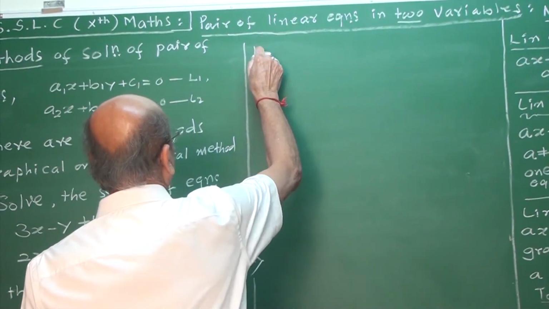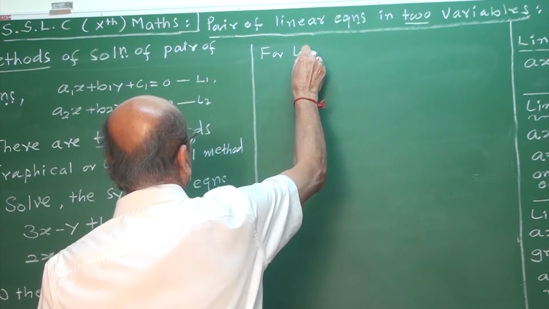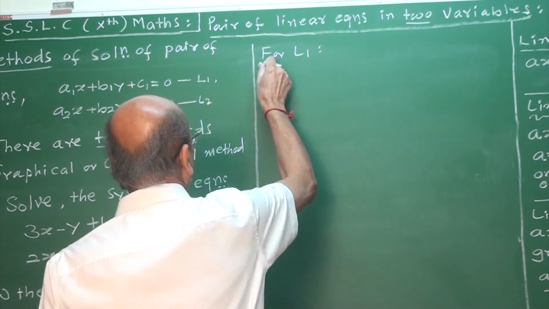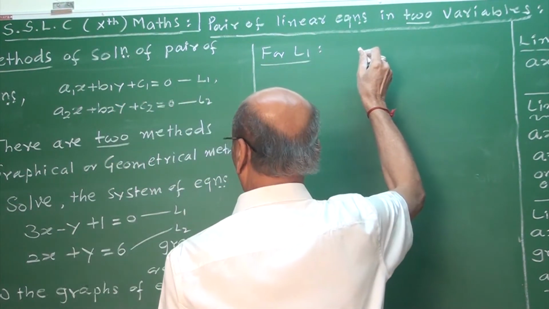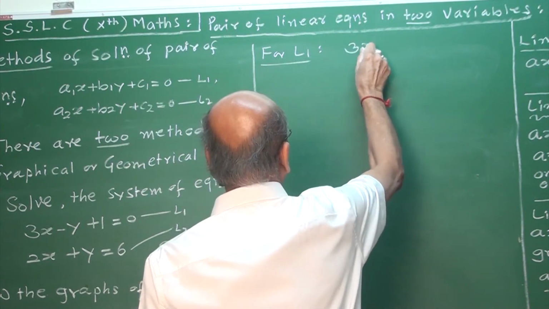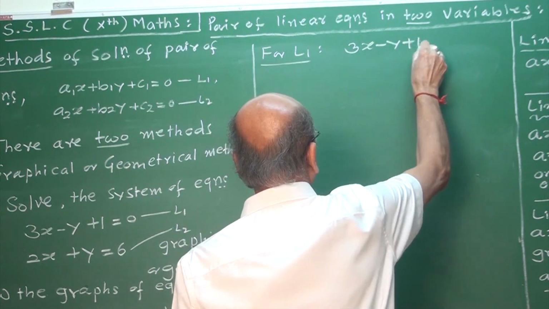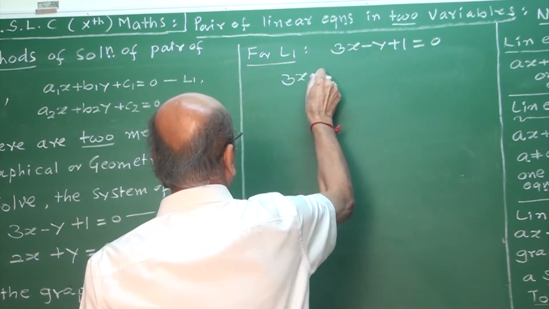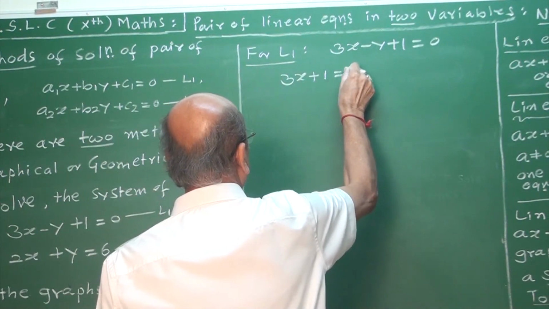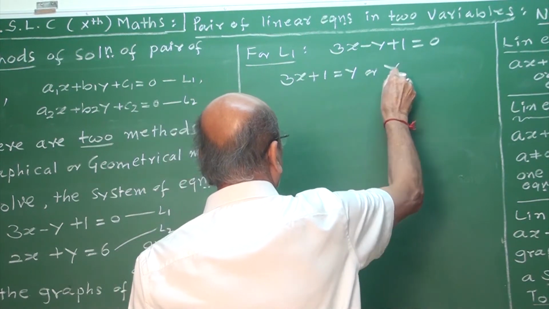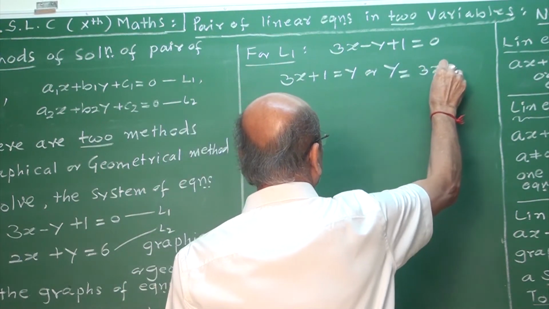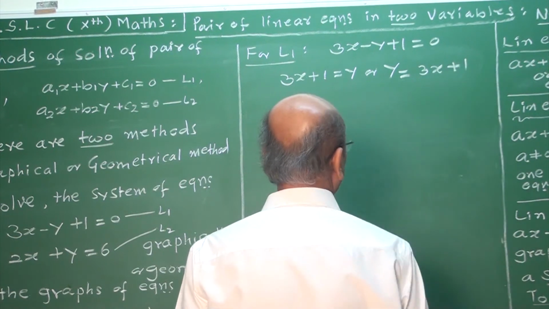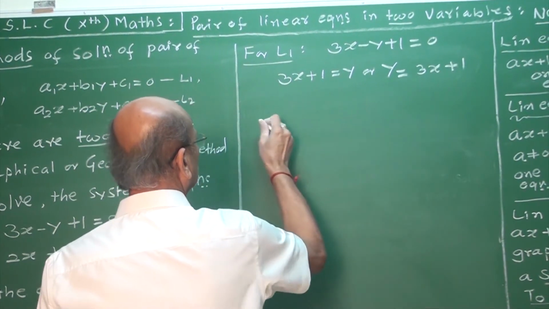For line L1, what is L1? It is 3x minus y plus 1 equal to 0. Taking that to the other side, 3x plus 1 equal to y, or y is 3x plus 1. Now you give the values for x.